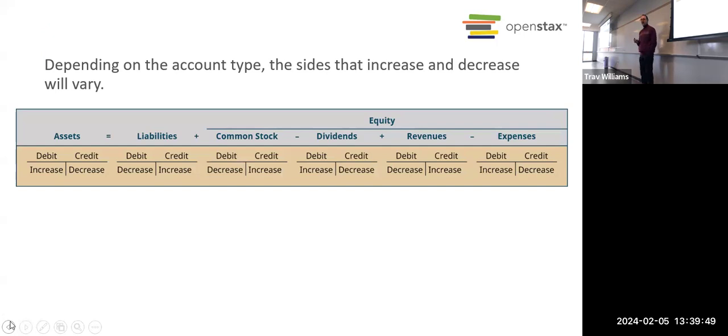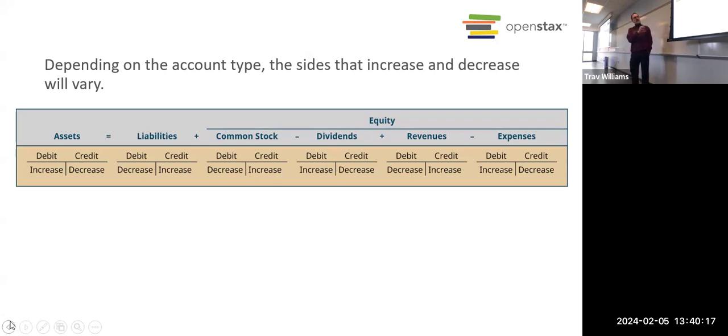So we know the accounting equation, right? And I told you we would be looking at an expanded accounting equation. That's what we see here. Assets equals liabilities plus equity, but then equity is made up of these other four types of accounts that all either increase equity or decrease equity. Okay.